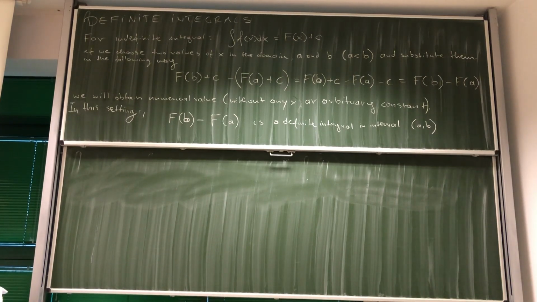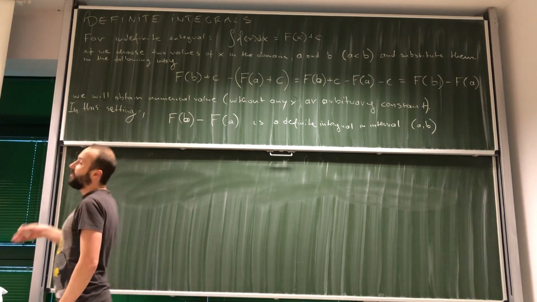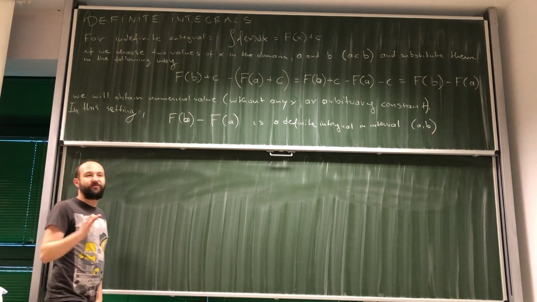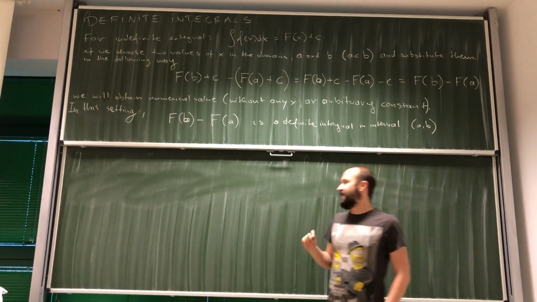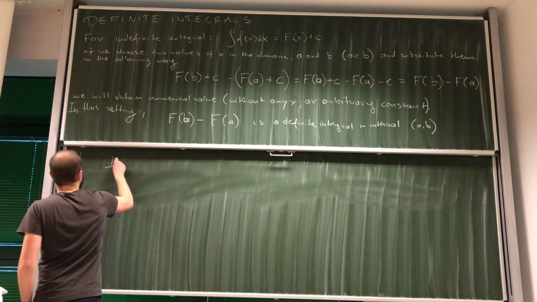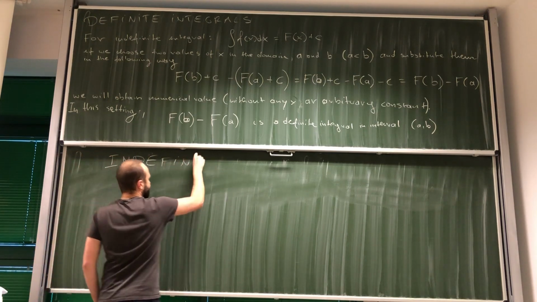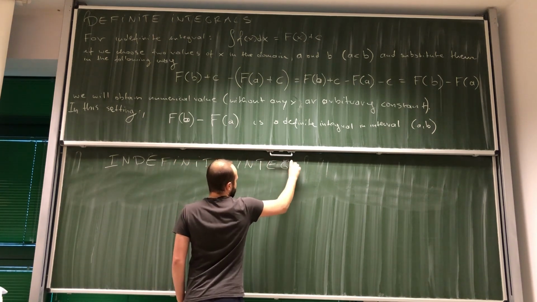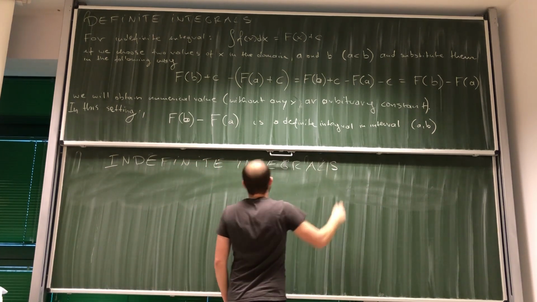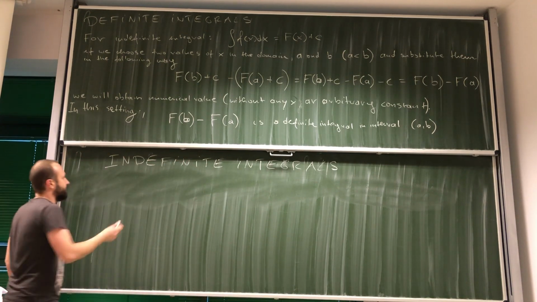Hi. As I mentioned in our previous video, when we were discussing integrals thus far, we were actually discussing indefinite integrals. What do I mean by indefinite integral in this context?